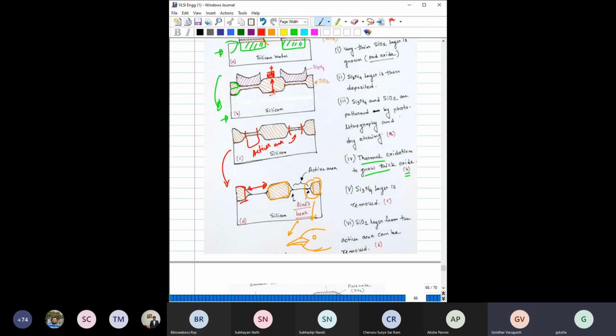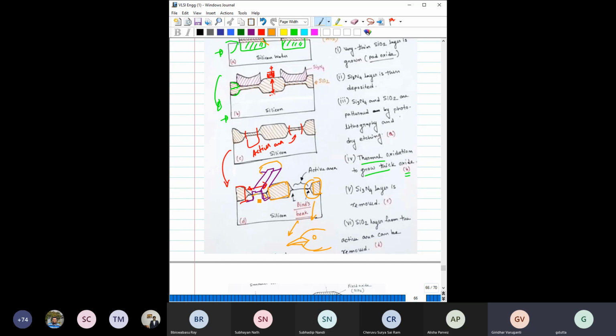Particularly from the width side, it will affect more, because you can think you have a source and drain here, then you have a gate here. But if you think three-dimensionally, this oxide is also there on this side, and also on this side.